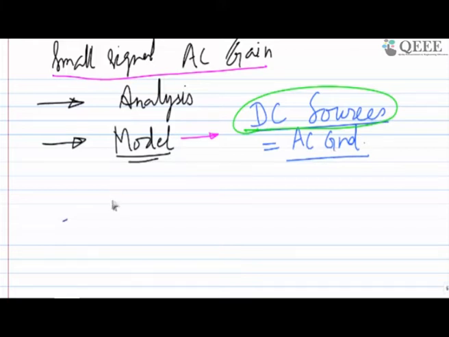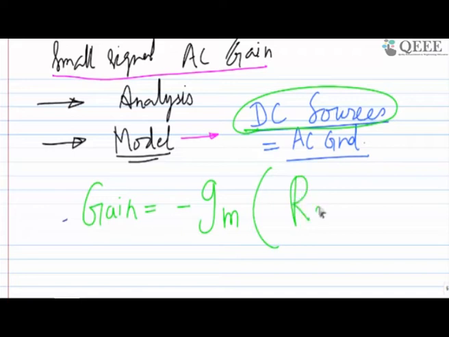And the gain of any circuit becomes minus GM times R out. R out means the output resistance of that circuit. You have to put it here. That's it, then your gain is available. You need not go to the hand calculation with all the currents and voltages, and there are so many things.